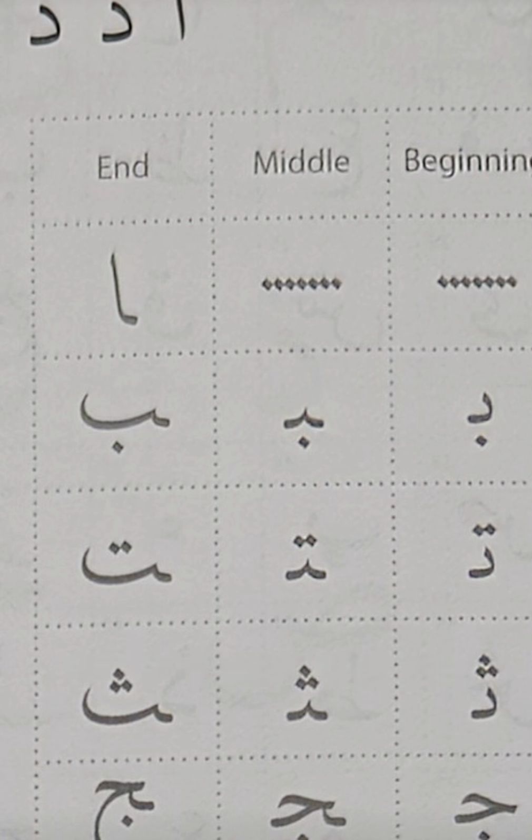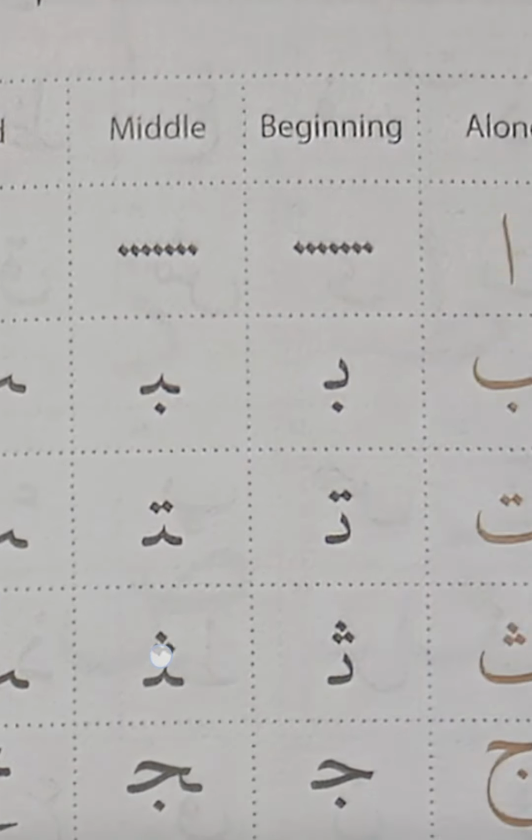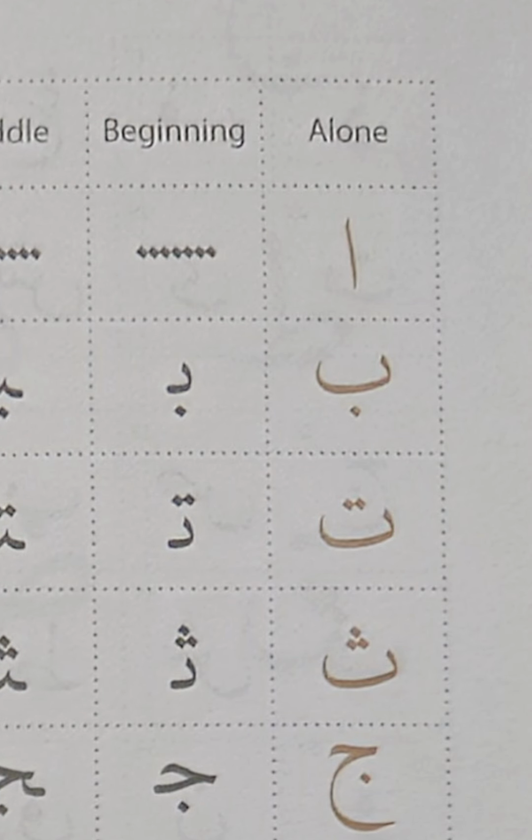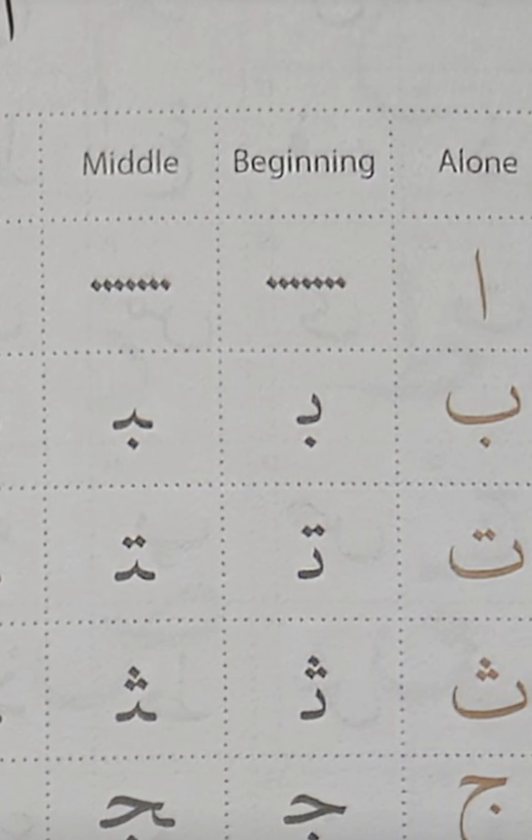It only has one form, like that. That's how it looks. Okay, if you look at ba, alone, it looks like that, right? For the letter ba at the beginning of a word, it will have that form.